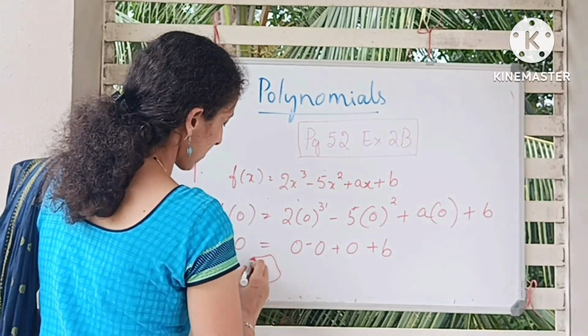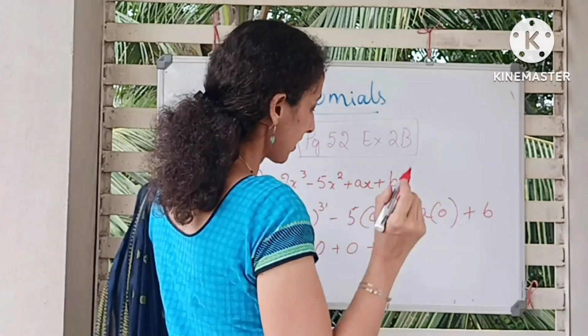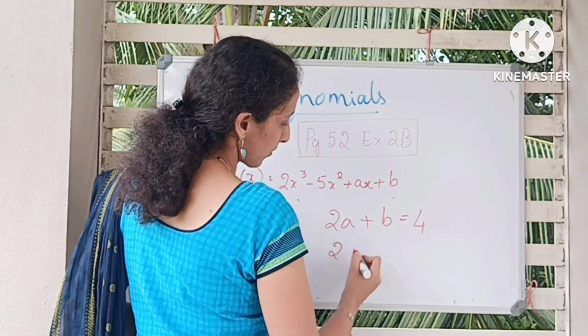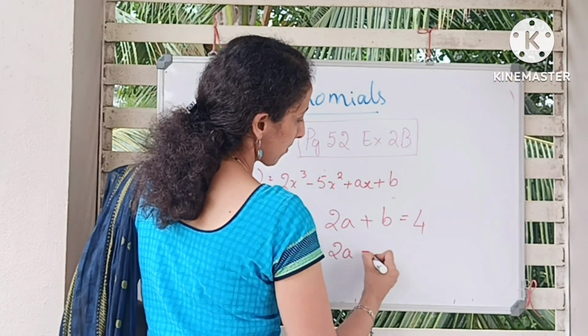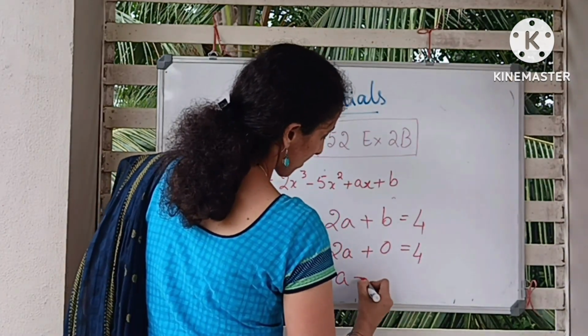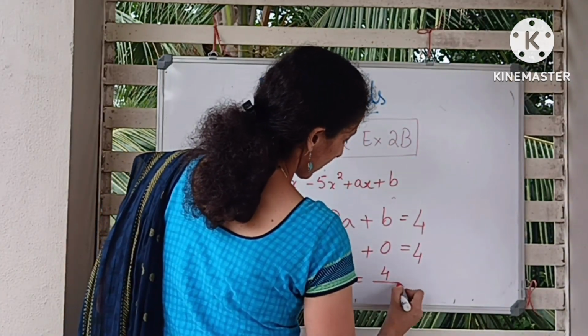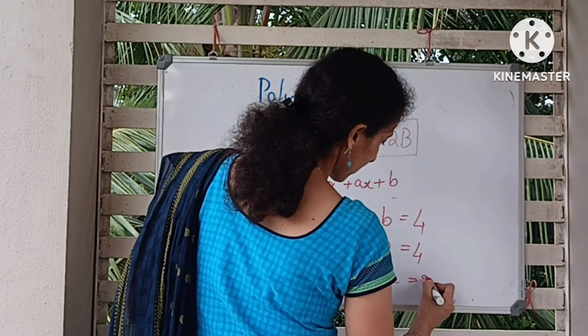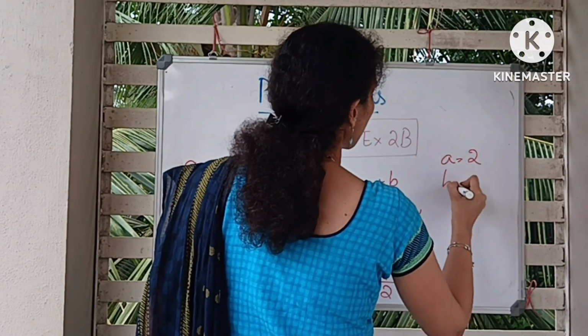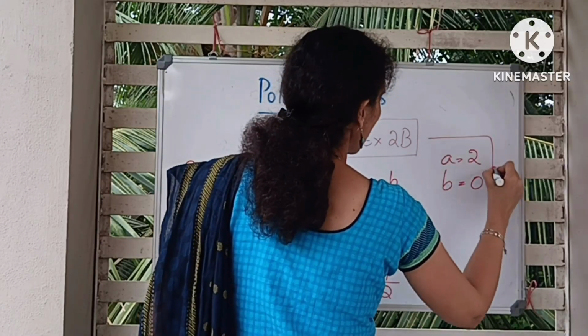Substituting this b equal to 0 in the equation we found out earlier, we get 2 into 2a plus 0 equal to 4, a equal to 4 divided by 2 equal to 2. That is why the value of a is 2 and b is 0.